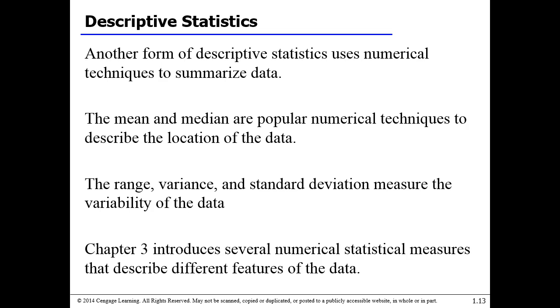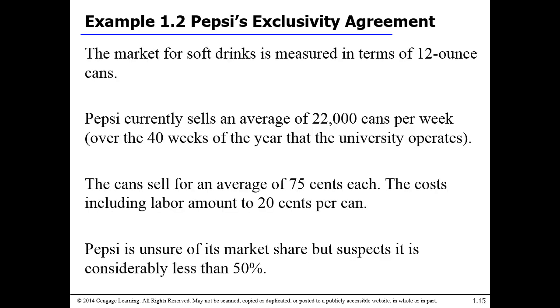There are some common numerical measures, and we'll talk about this more in chapter 3. Measures of central location, such as mean and median. Measures of variability, such as range, variance, and standard deviation. Yes, we will talk about that in chapter 3.